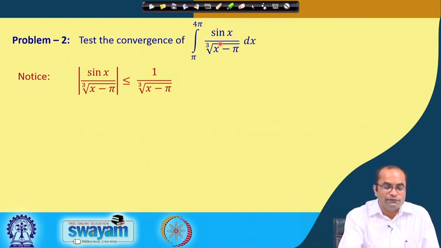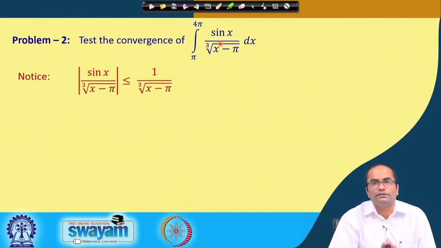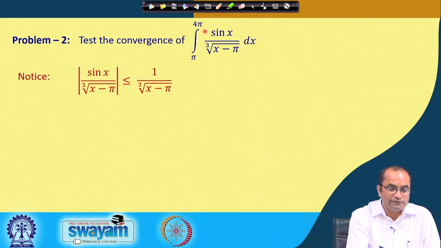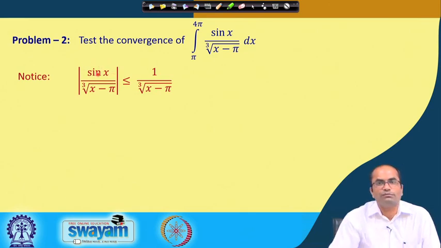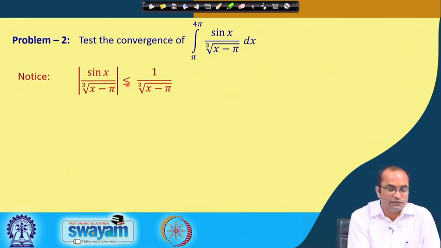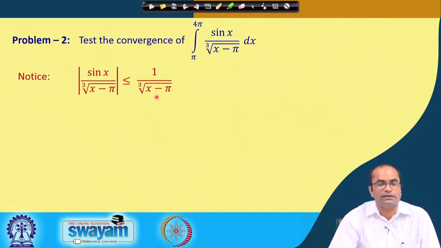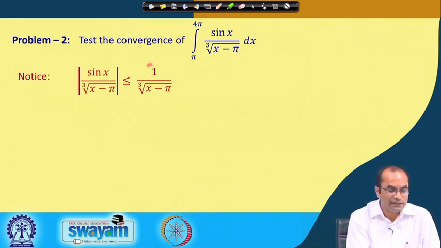If we take the absolute value of the integrand and that integral converges, we say the integral converges absolutely. Since sin x is bounded by 1, this absolute value is bounded by 1 over the cube root of (x minus pi).